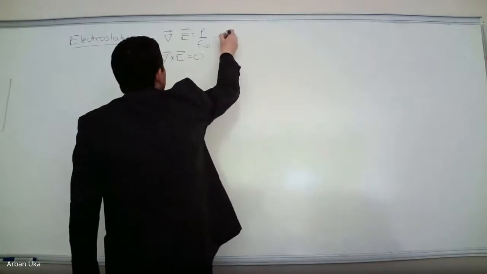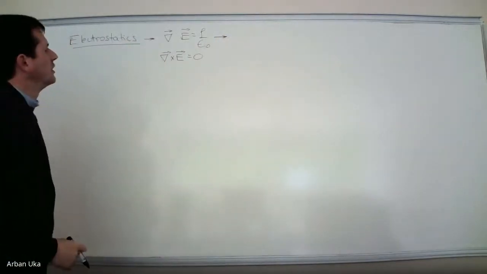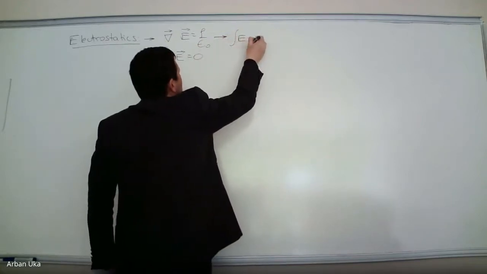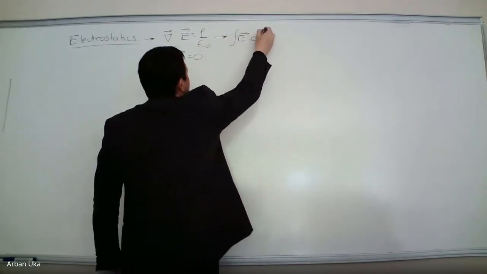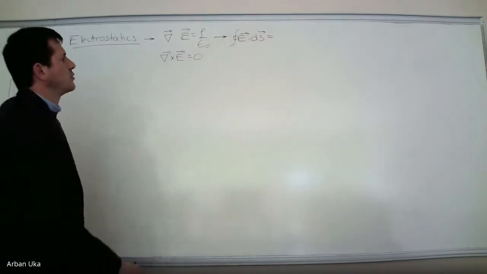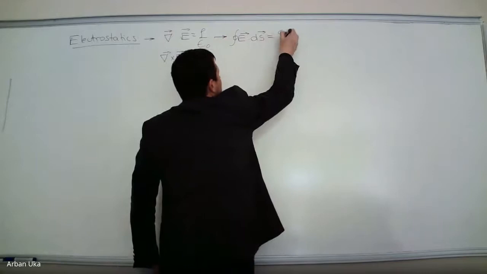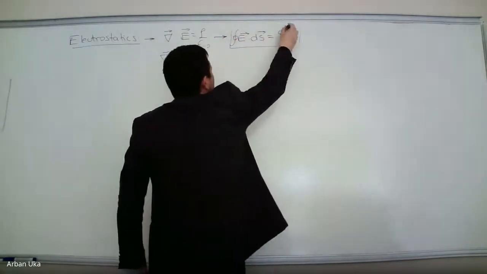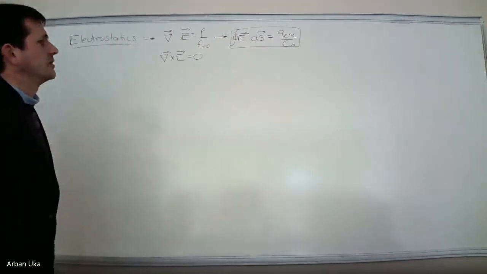And using the divergence theorem, we learned that from this one we can derive the following expression: the closed integral of E dot dS is equal to the enclosed charge, Q enclosed, divided by epsilon 0. So this is the Gauss law for the electric field.